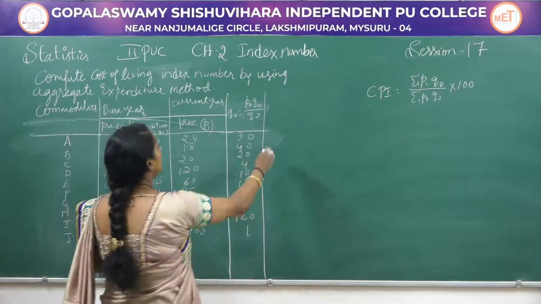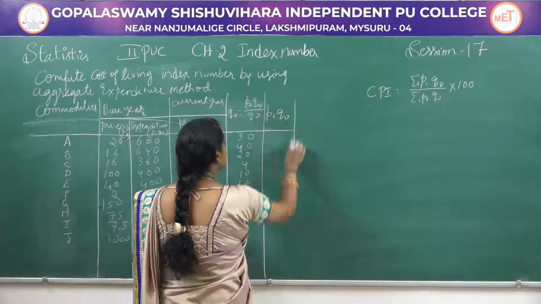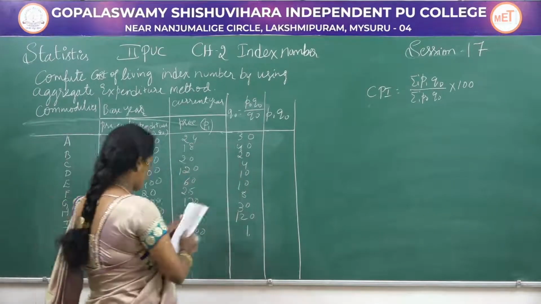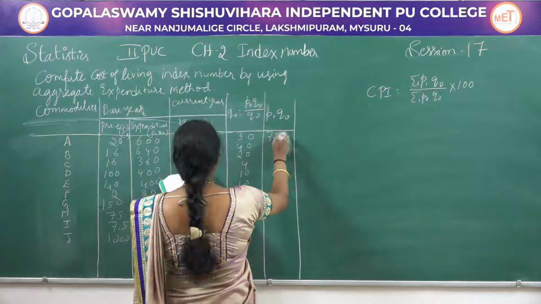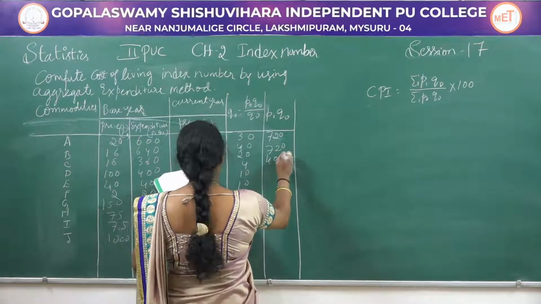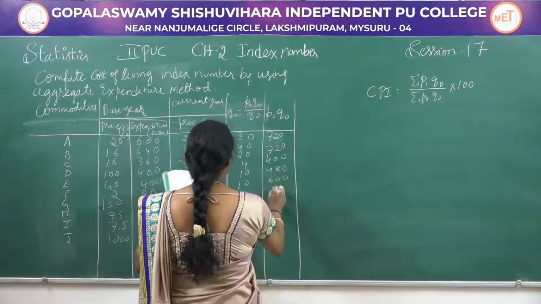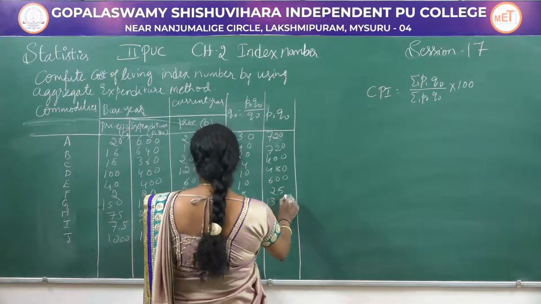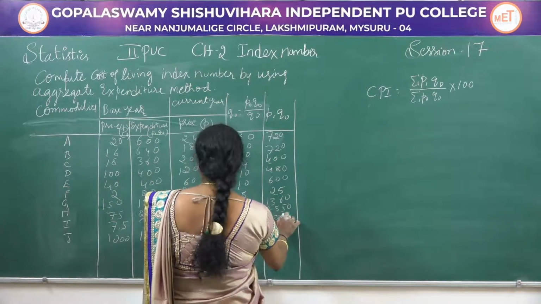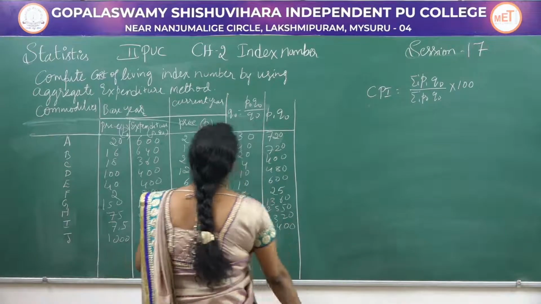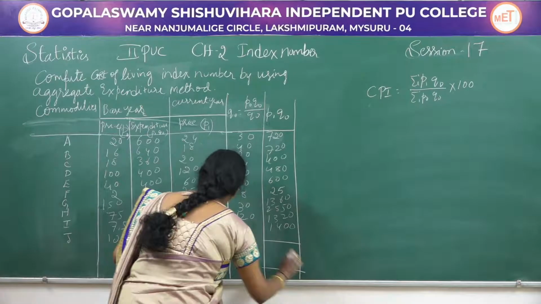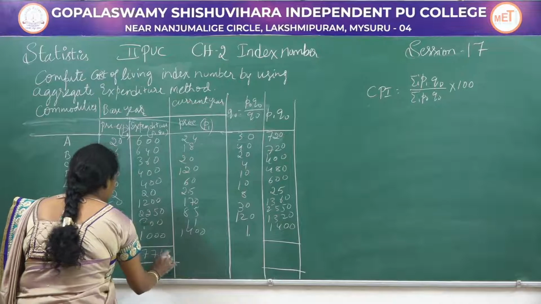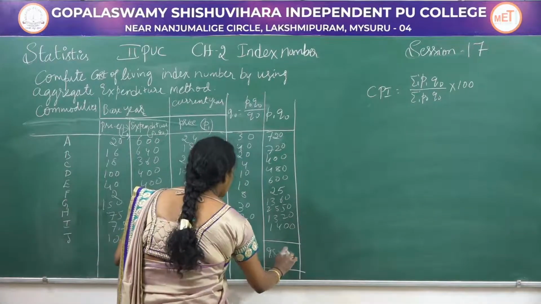Next, take the product of P1 and Q0, and the values are 720, 720, 400, 480, 600, 25, 1360, 2550, 1320, 1400. Now take the summation of this and summation of P0 Q0. The summation of P0 Q0 is 7770 and this is 9575.